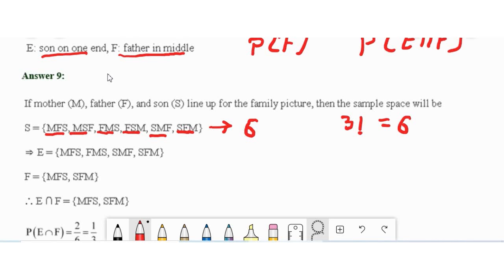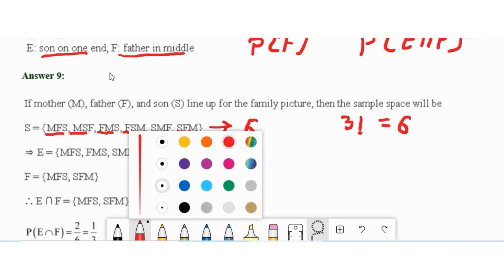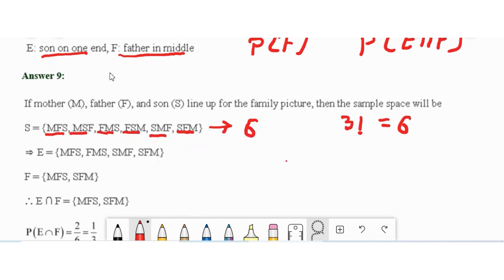Okay, now E is the event. Son is on one end. The meaning is simple. Son may be at the beginning, on the first place, or son may be on the last place. So you can see here the possible outcomes.